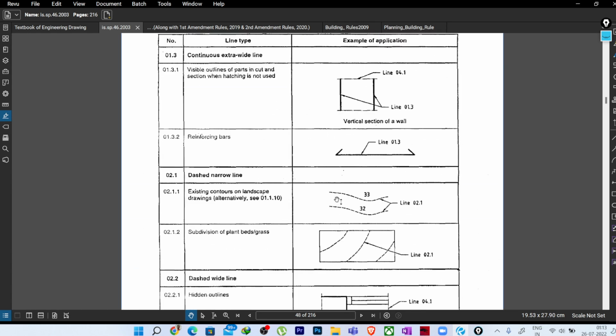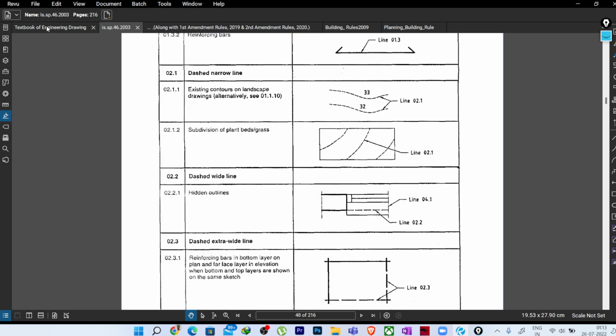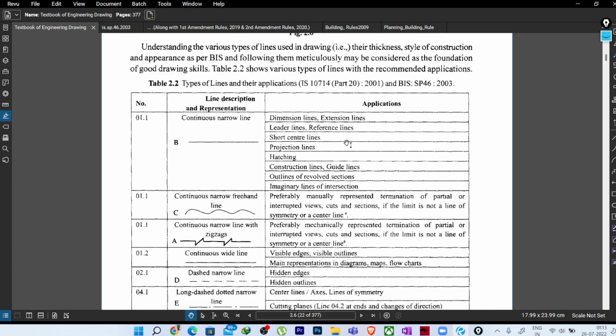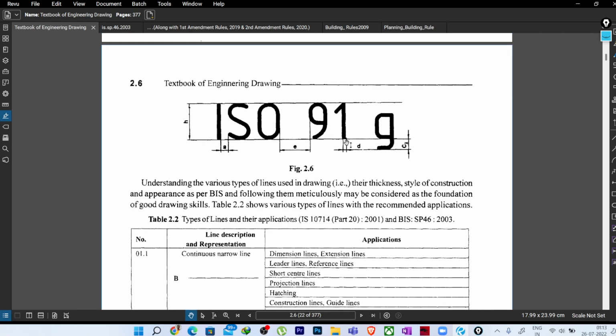I'll be attaching this SP46 in the course reference files, so you can download it and have a look. I'll also attach this textbook, or you can use any engineering drawing textbook, so that you can have these fundamental ideas.